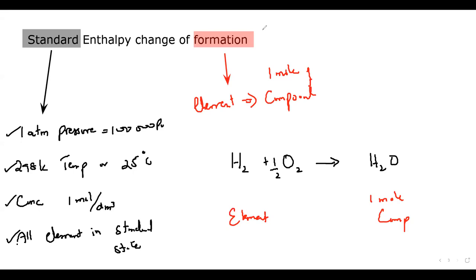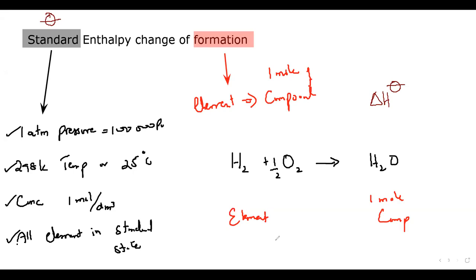And how do we represent it, the symbolic representation? Enthalpy change is denoted by ΔH. But how do we know it is standard? If it is done at standard conditions, we use a symbol to show that the conditions are standard.